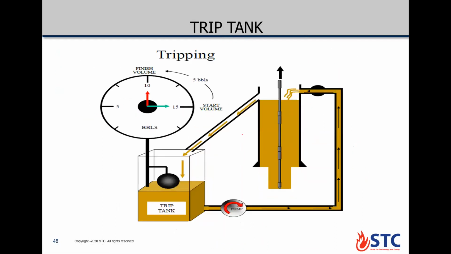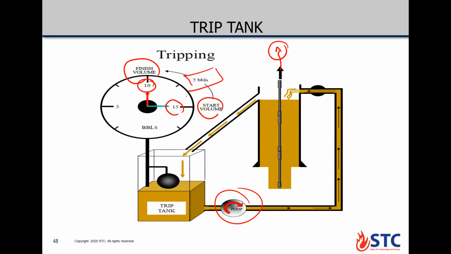If you look here, this is the starter volume. We are going to start with 15 barrels. We pull out from the well, so we start to fill from the trip tank to compensate inside the well. After we pull some stands from the well, the finished volume is 10 barrels. So the actual volume taken from the trip tank is about 5 barrels.